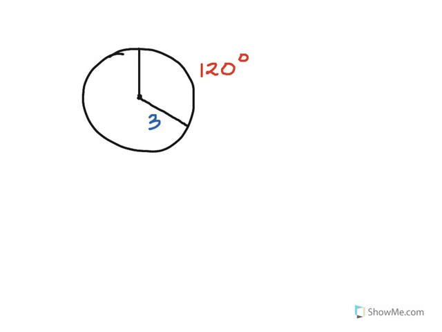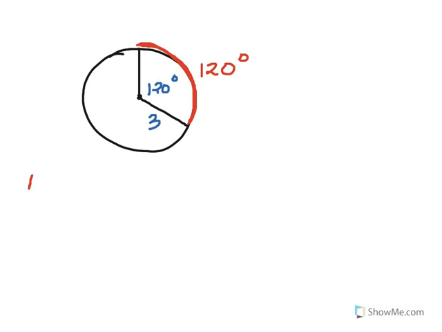So here's how it works. Let's say I have a circle with a radius of 3 and I have an arc measure of 120 degrees, and that's also the same as the measure of the central angle in here, which is 120 degrees. Let's say I want to find the length of the arc. If I put this arc here in red, I want to know what's the length of that arc.